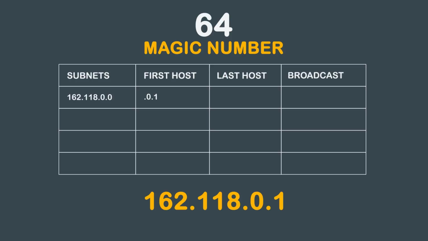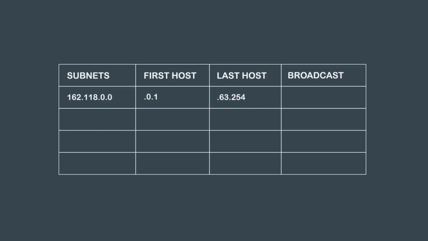Then subtract 1, so 0 plus 64 minus 1. For the last octet, we simply use the number 254. By now, we all know that the largest number in an octet is 255, but if you remember, we need to save the last host in any given subnet for the broadcast address. This is why our last host is 162.118.63.254. Our broadcast address can be expressed by simply adding 1 to the last octet of the last host address we just calculated.